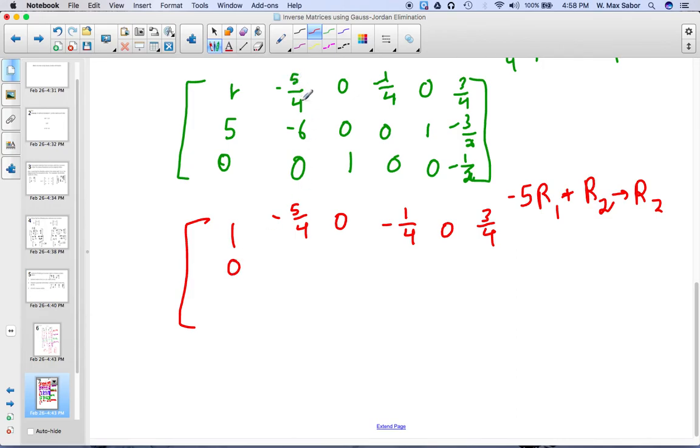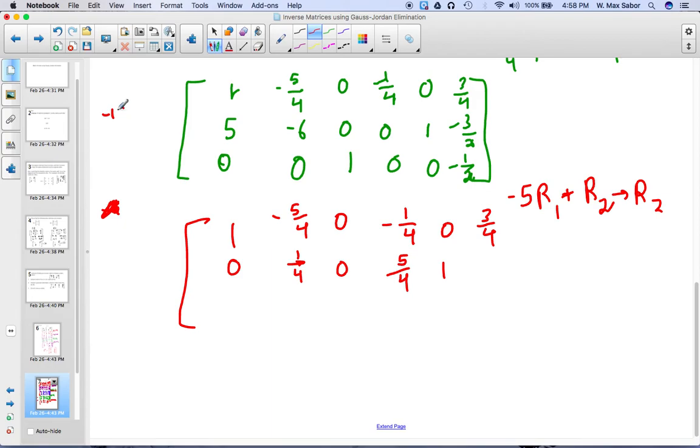Now we will have 25/4 and negative 24/4, which becomes 1/4. This will become 5/4, 1, and negative 15/4.